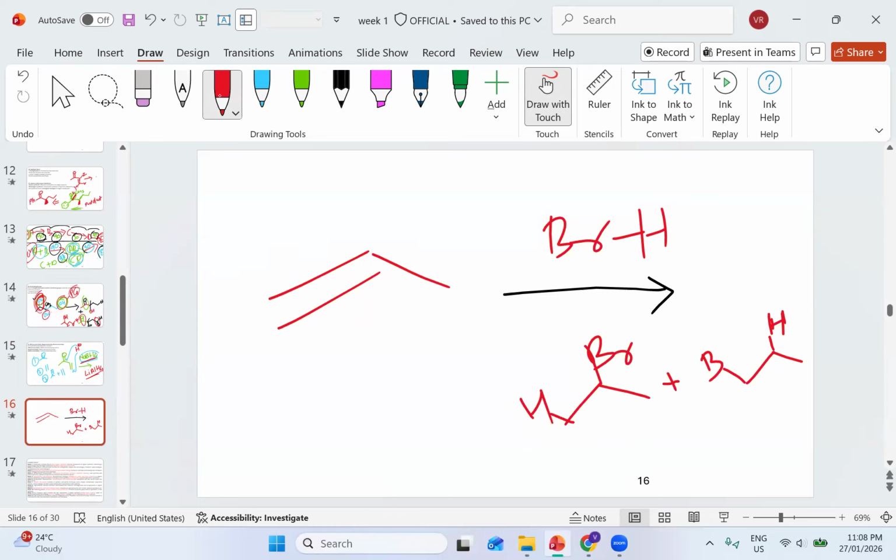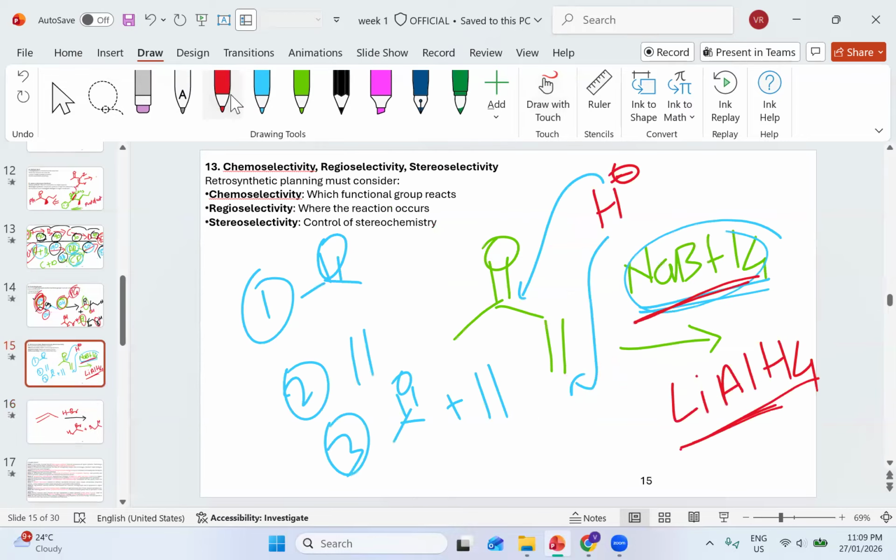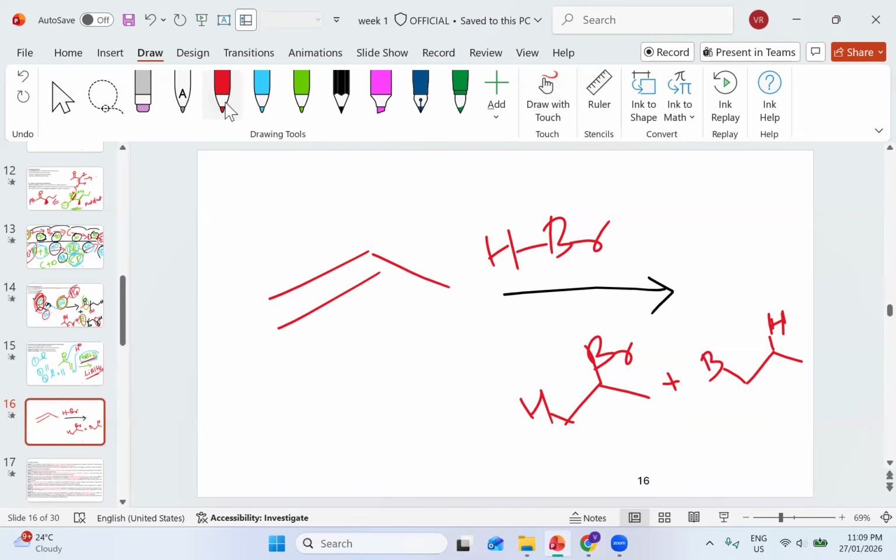So if you add normal HBr, then the addition of the bromine takes place on whether it is on the less substituted side or more substituted side. It basically tells about the regioselectivity in the reaction. Obviously, to understand the regioselectivity, we need to go into more detail of the reaction mechanism.